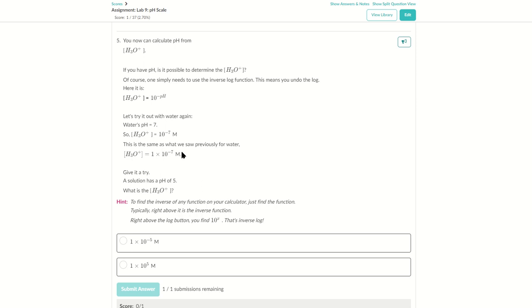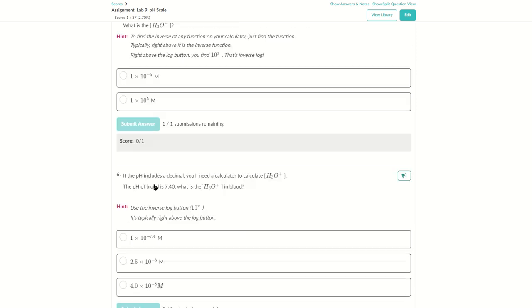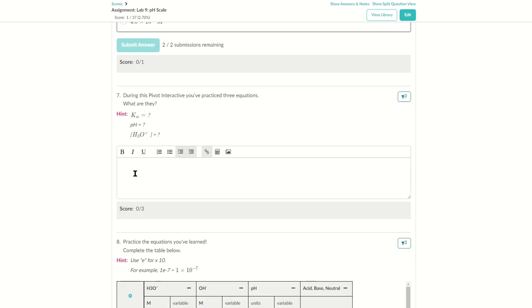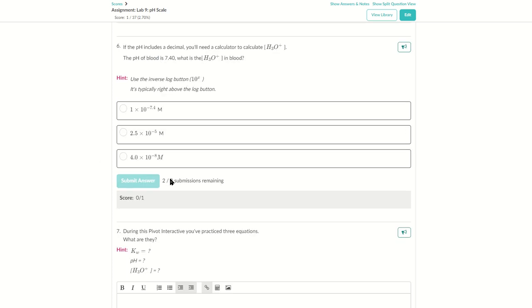I think this is a really useful lab in terms of understanding the relationship between acidic versus basic, and pH value versus acidic versus basic. So keep following along and try out the calculations.